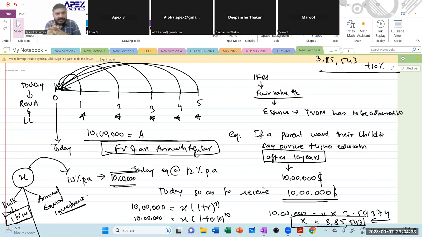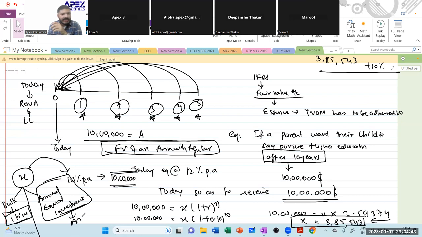So here, what is essentially happening is, every year, you are paying a rent. So it takes the form of an equal annual investment, which is nothing but an annuity. What is the meaning of an annuity? An annuity is an equal or an equivalent sum of money that is paid every year or every period to achieve a financial target.